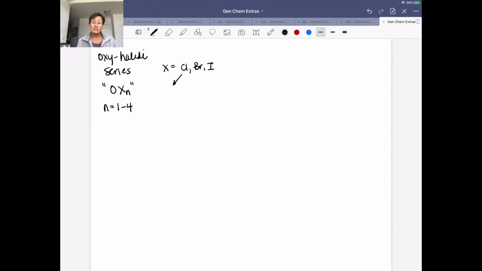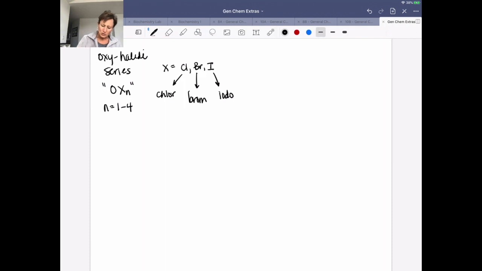And reminding us of what those prefixes are, we're going to have chlor, brome, or iodo. So what I'm going to show you is how this pattern works for the first halogen in the series, but then you'll see that there's not just 4 possibilities, there's actually 12, because the same pattern is going to apply for the bromine series and then the iodine series.